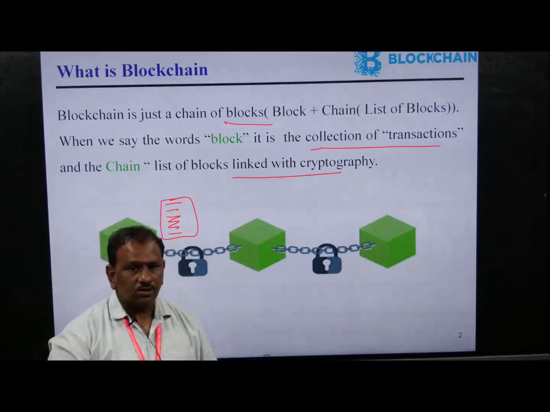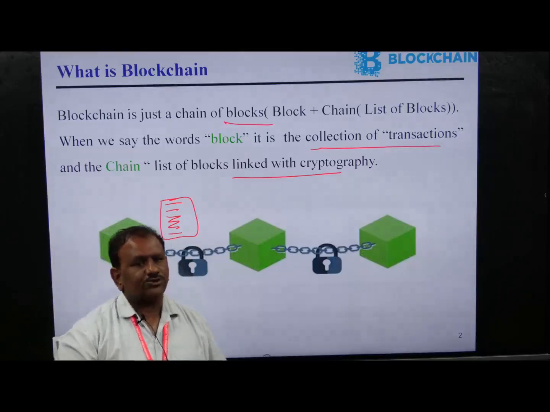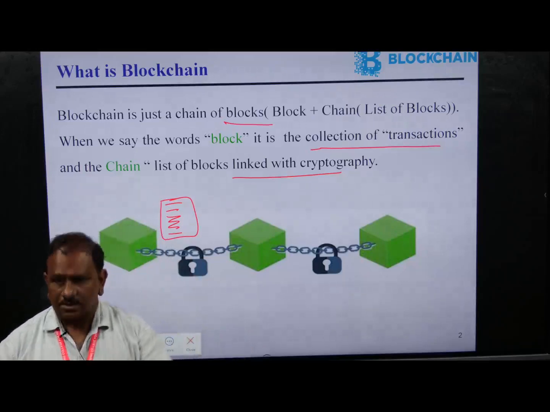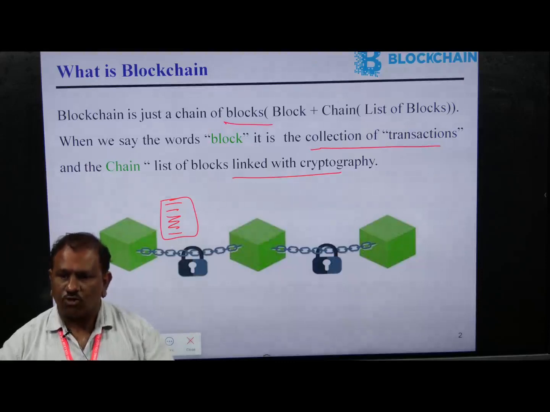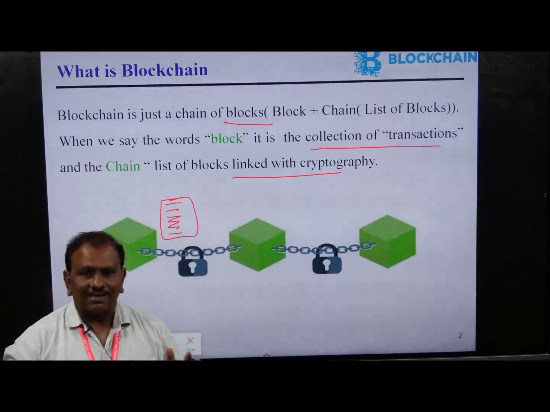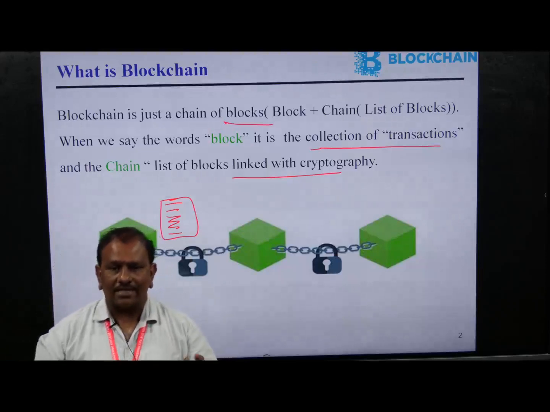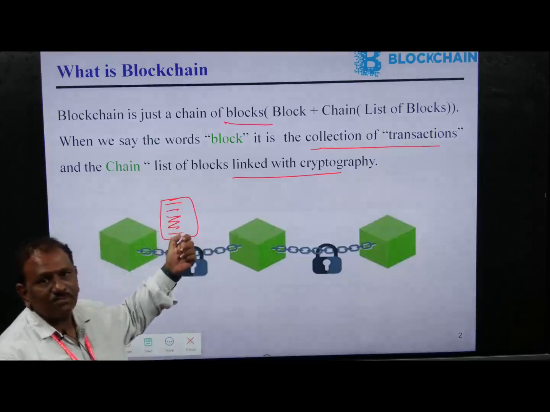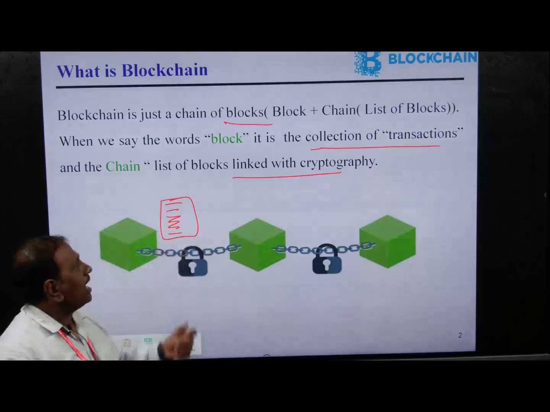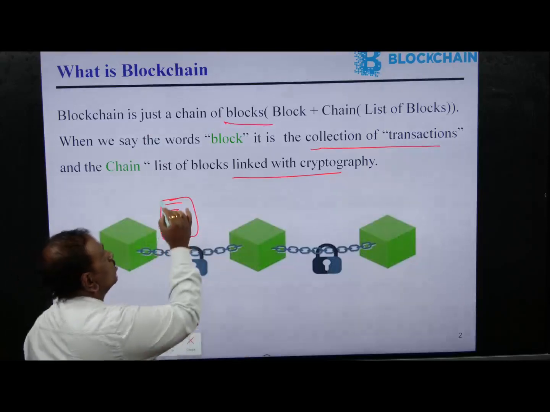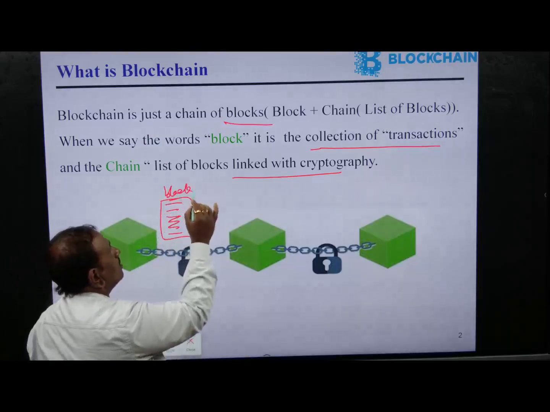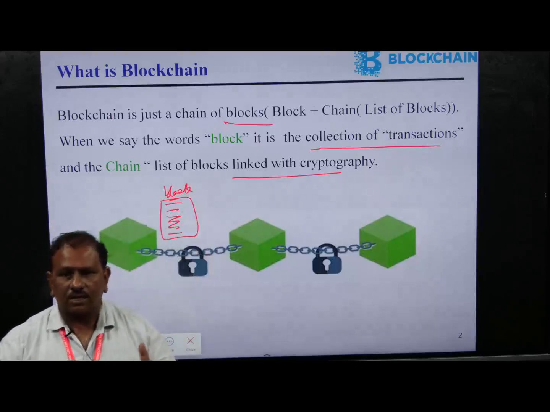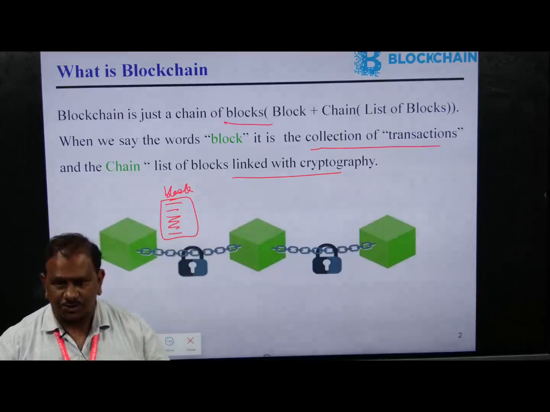Similarly, here also, if we are passing some cryptocurrency, by means of bitcoins or any other coins, from one account to the other account, then it is noted as a transaction. Several transactions will occur, and these transactions will be stored in a block, and every block has a restricted number of transactions.